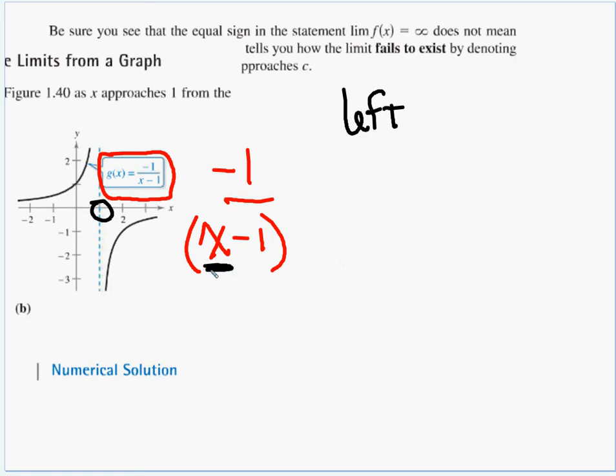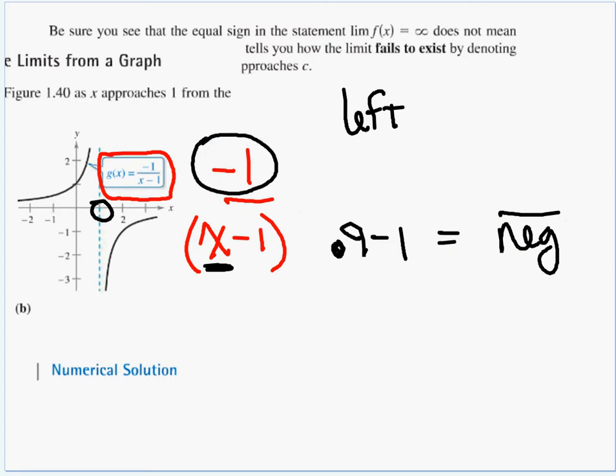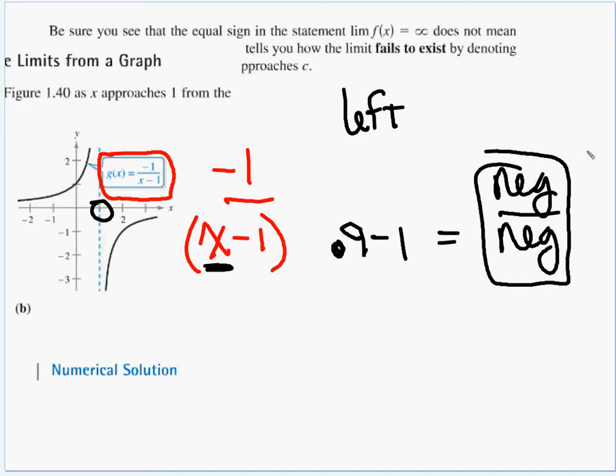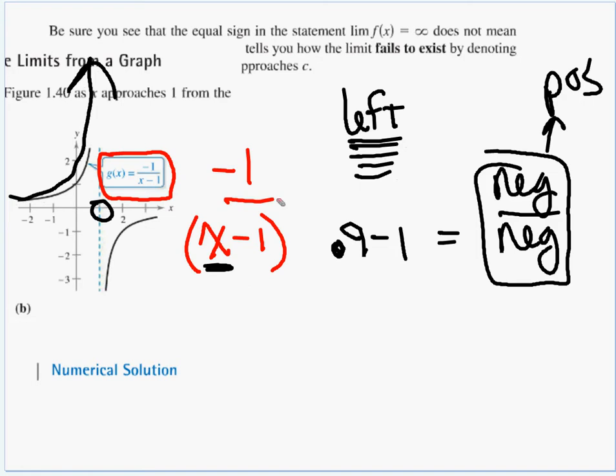So this x right here is going to become a 0.99 minus 1. That is a negative denominator. The numerator is negative 1. By default, it's always negative. Negative divided by negative is a positive answer. So as we're coming in from the left, we're heading here up to positive infinity, which we already figured out just by looking at the graph.